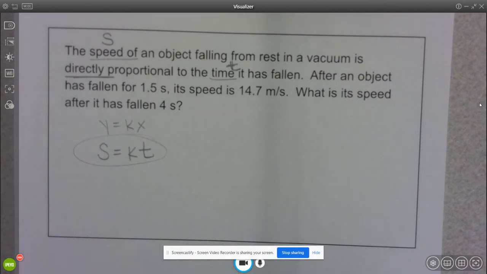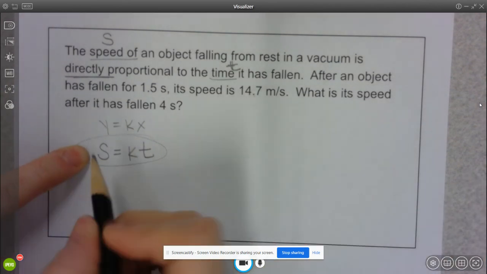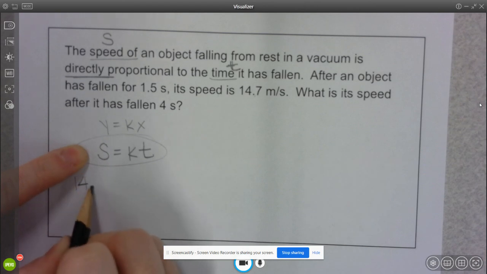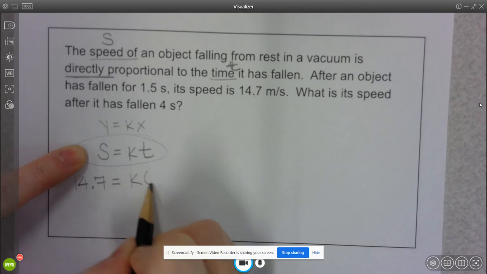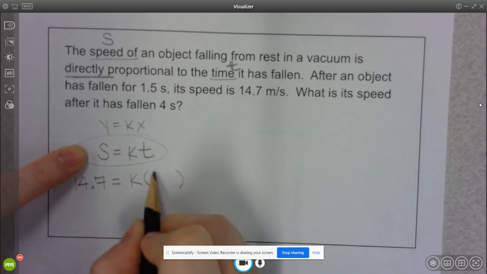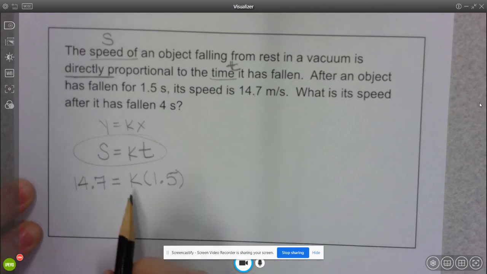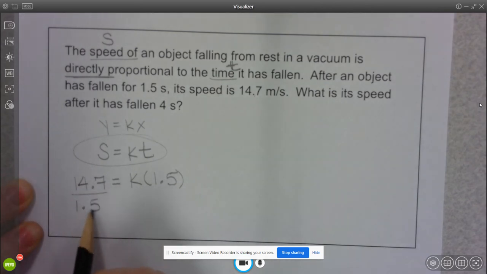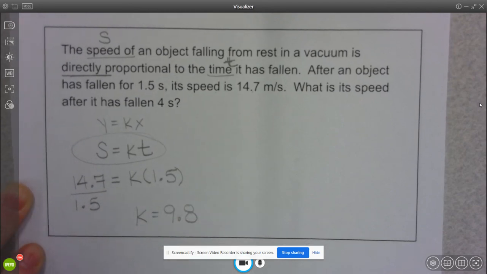You'll notice they did not give us k, so that's what they expect us to find. So the speed is 14.7, so I'm going to substitute that for s. I don't know k, but I know that t is 1.5. So dividing by 1.5 here is going to tell me that k is 9.8. That's part one.